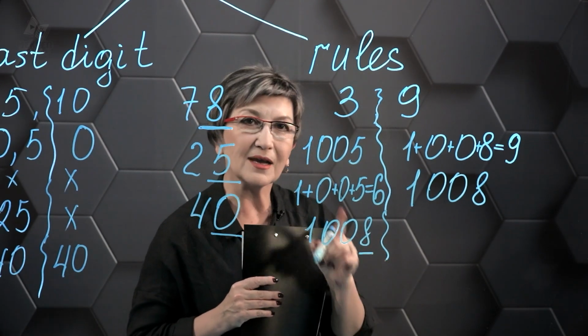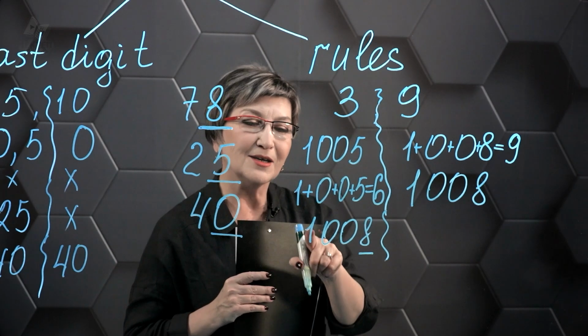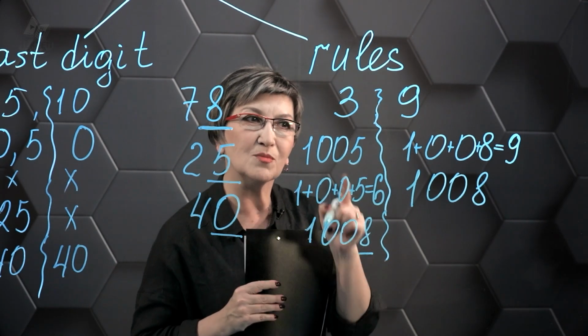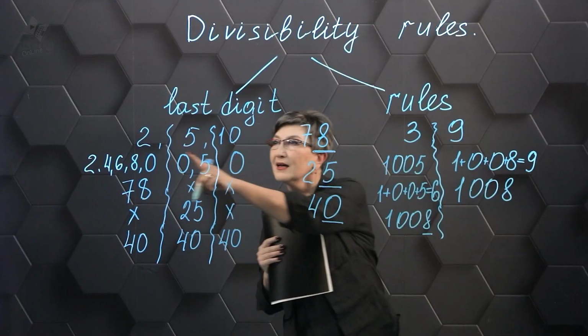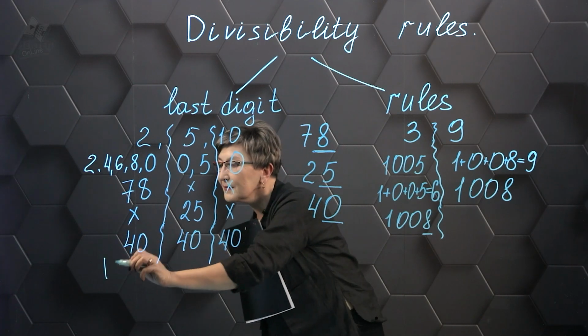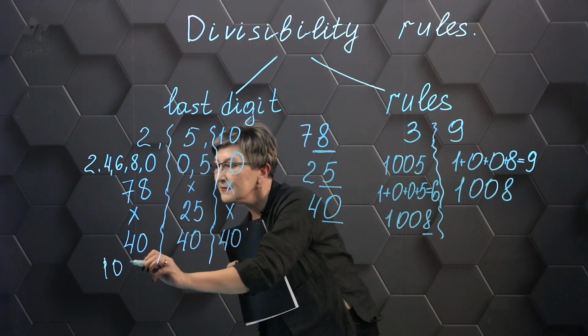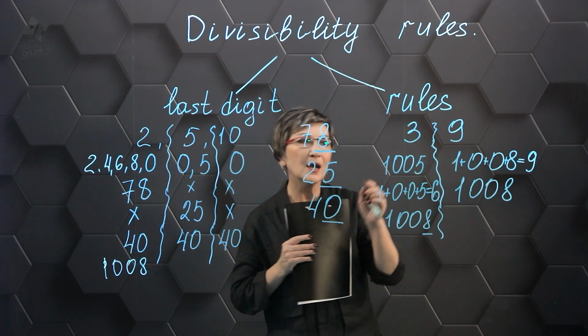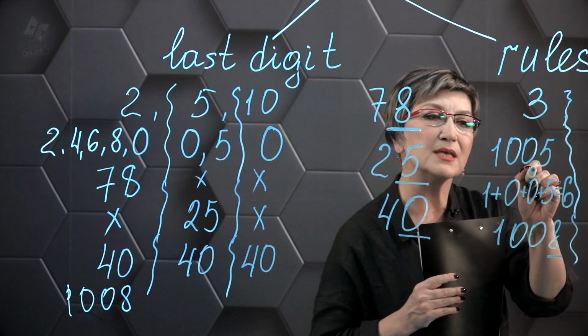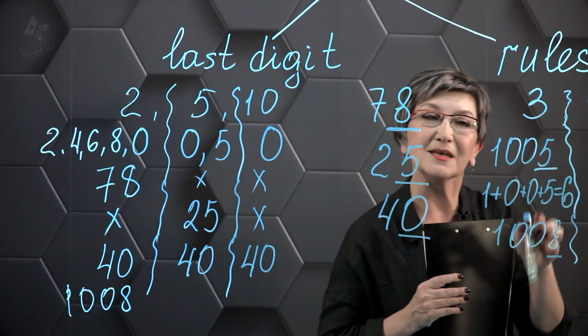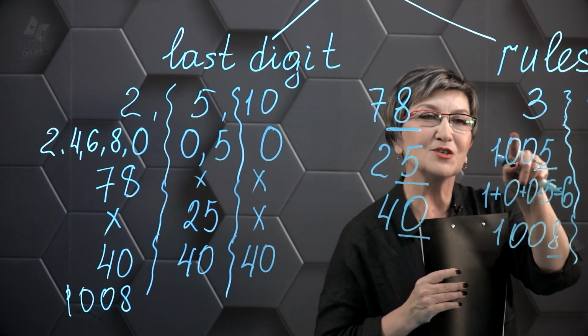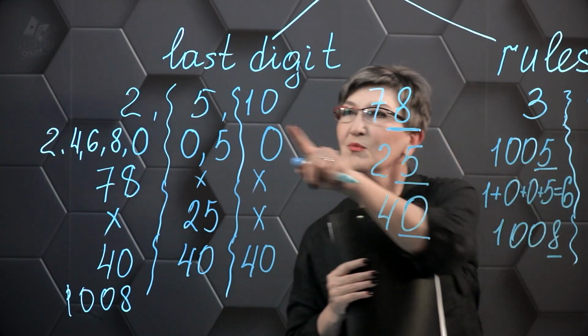Therefore, we can divide 1008 by 2 without a remainder. And in 1005, the last digit is 5. Then we can divide 1005 by 5.